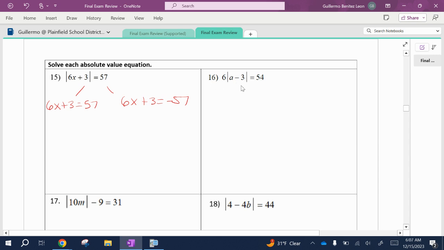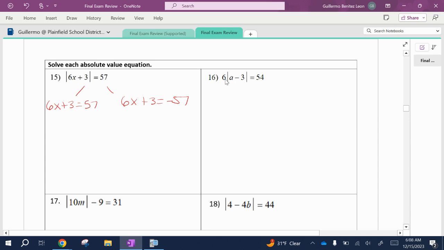16. There have been students that have said, I distributed the 6, but that's a big no. We do not distribute into absolute value bars. We only distribute when there's parentheses. So how do I get rid of this 6?